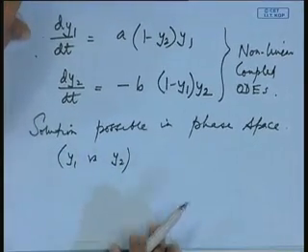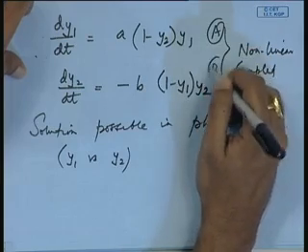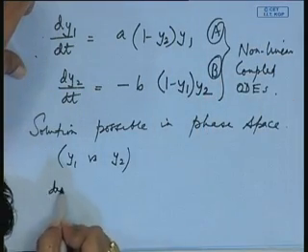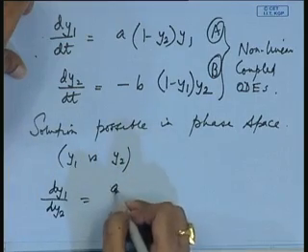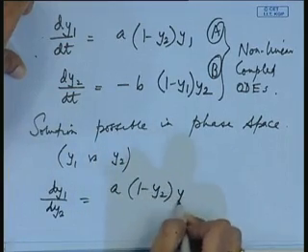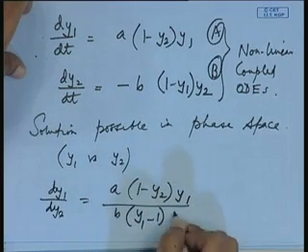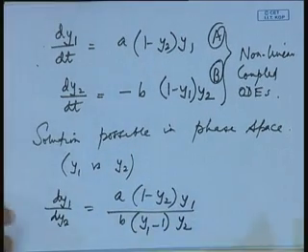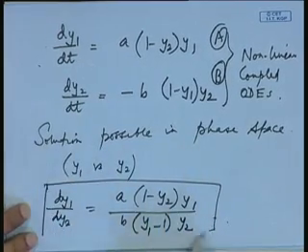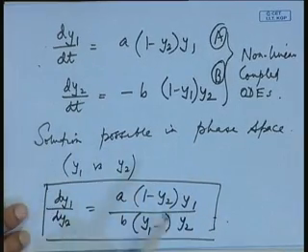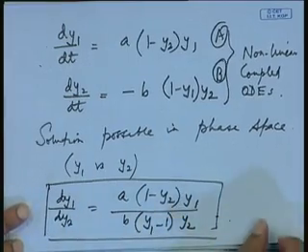How do I do that? All I need to do is divide equation, let us say this is a and this is b, divide equation a over b, and you get dy1/dy2 equals a(1 minus y2) y1 divided by b(y1 minus 1) y2. So, this is what I get. Now, can I solve this equation, the one that I have boxed out? The answer is yes, simply by transposing the terms that contain y1 to this side and the terms that contain y2 to the other side.